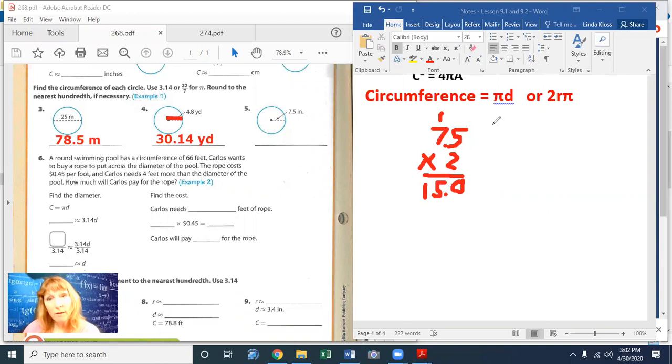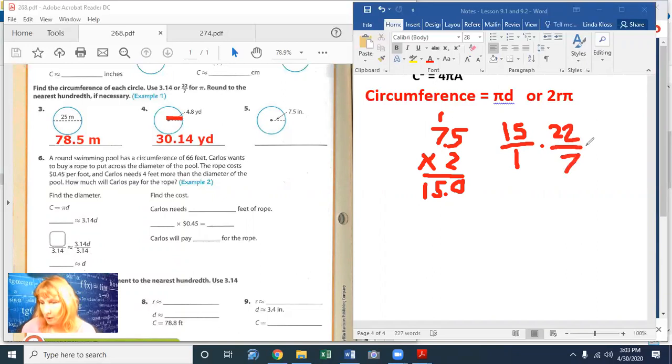Multiply that by pi. I'm going to use 22/7 this time just because we haven't done one with that for a couple of problems. So 15 over 1 times 22/7. Sometimes using the fractions, though, it's going to be a lot more work. Nothing cancels out here.